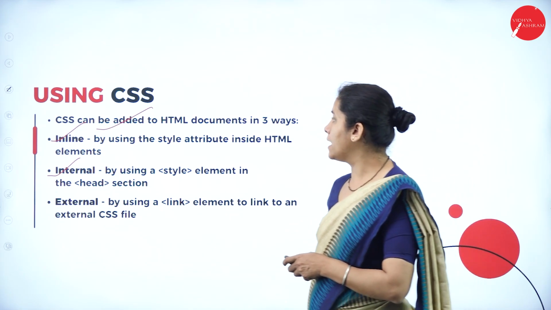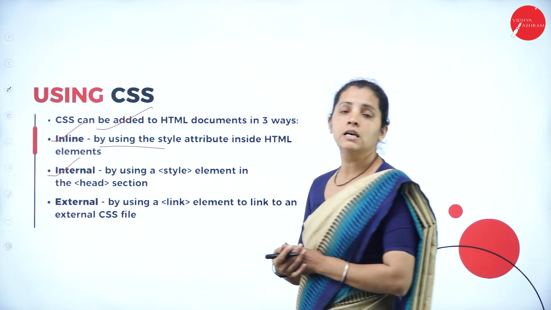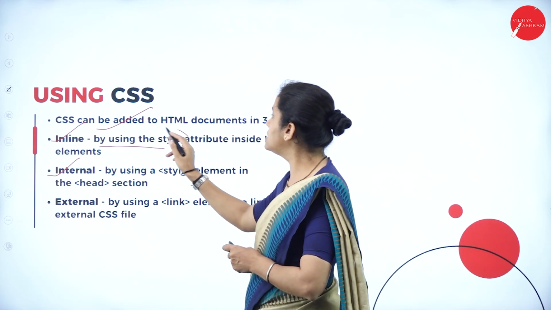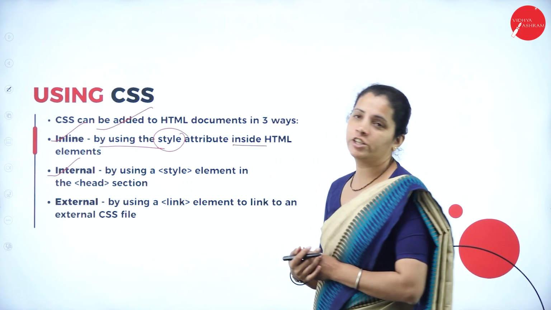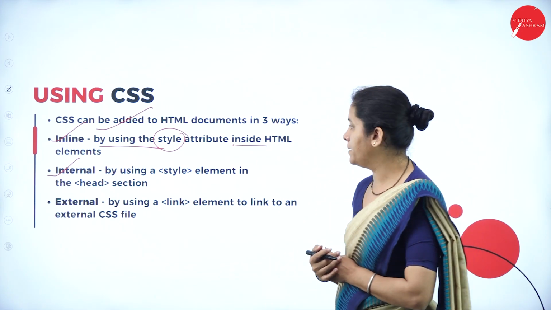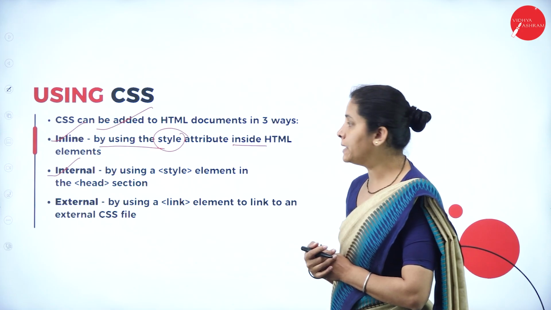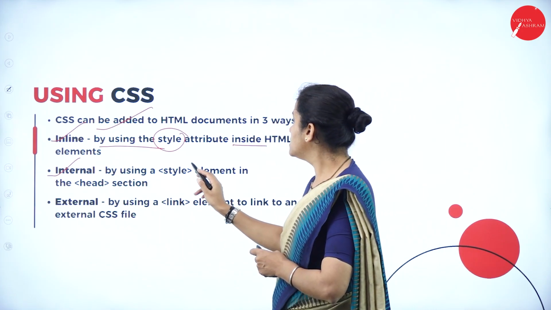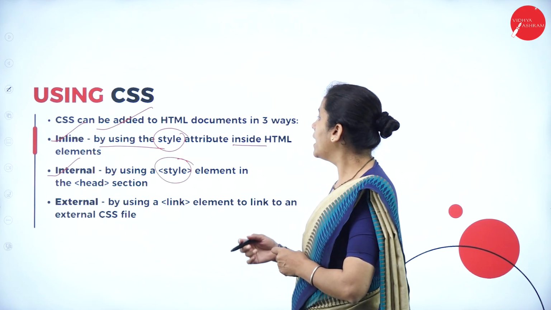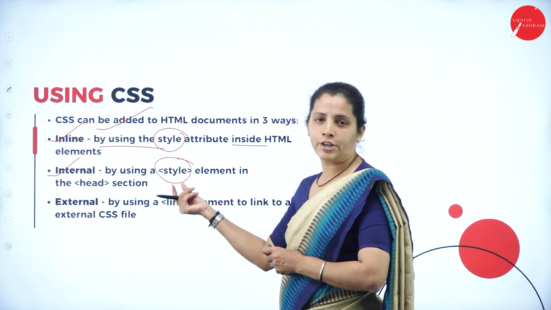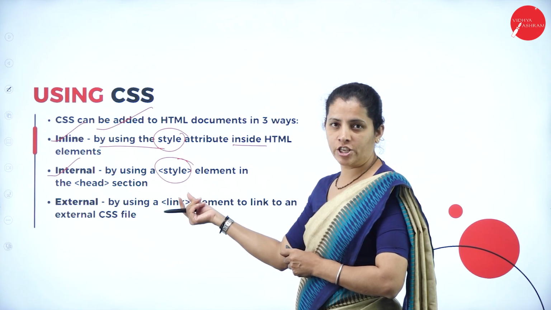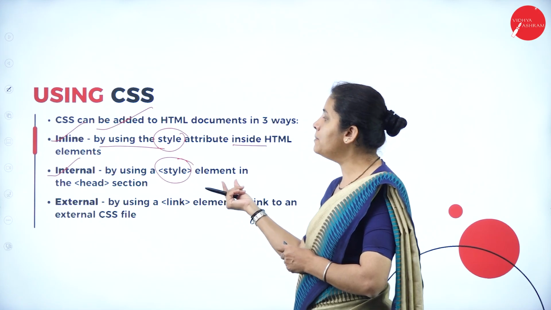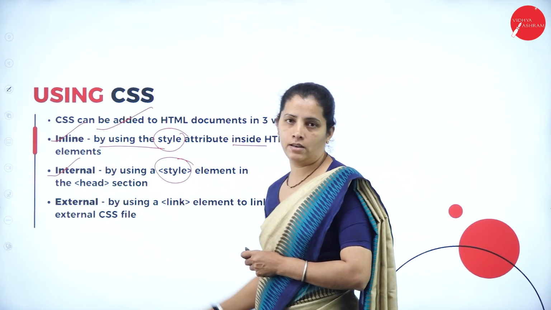What is inline? By using the style attribute. So what's my attribute name? That is style, inside the HTML element. Now what is the other method? That is internal, by using the style element in the head section. We are familiar with the head section. In my head section, if I use the style element, then that is internal.